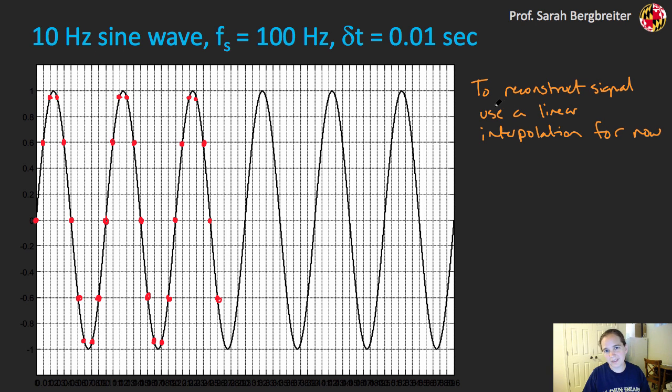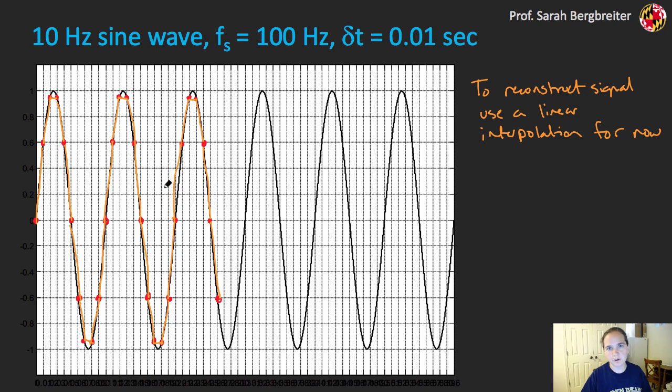To understand what that sampled signal is telling us, we're going to think about how we might reconstruct it. Right now we're going to use a linear interpolation, which is just drawing a line between my sampled points. So I have a line between those two points, and so on.